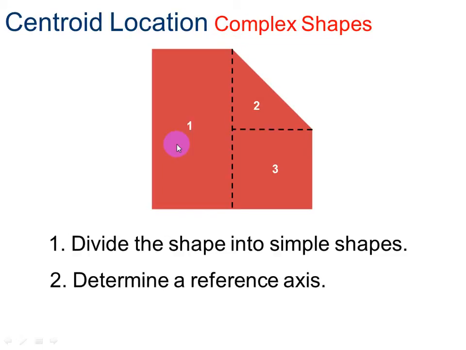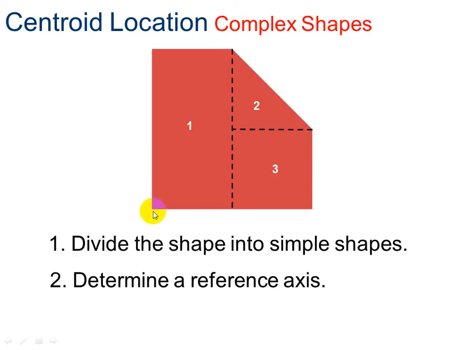So the next thing we want to do after we break it into these shapes is determine a reference axis, so that we're kind of putting an origin on it, if you will. We can put it on any one of these corners. If I put the origin here, then my centroid would be a negative amount away, because that's the negative x direction, and a positive y.